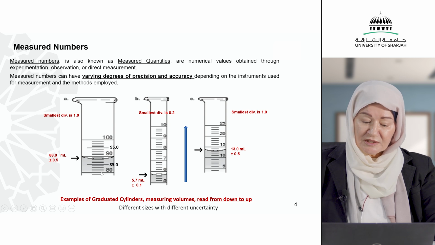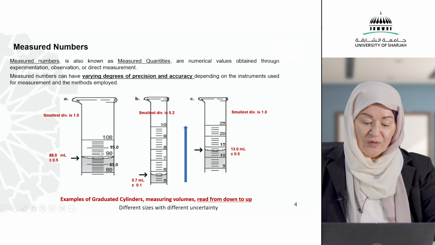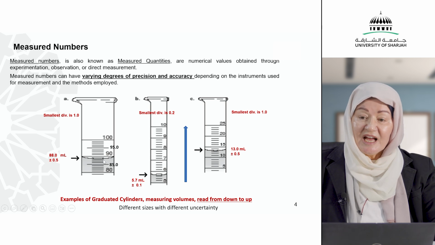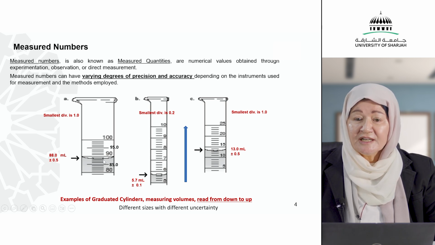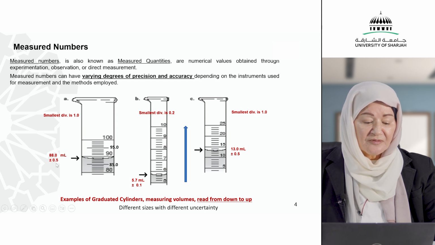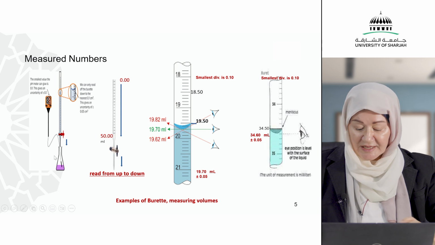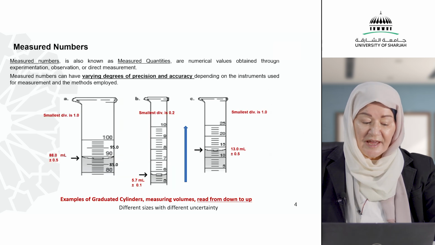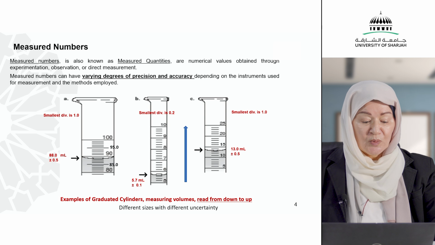What is the smallest division? 81, 82, 83, 84, 85. The smallest division is 1. The bottom of the meniscus is at 88. What is the uncertainty here? It is half of the smallest division, which is 0.5. Therefore it is 88 plus or minus 0.5.